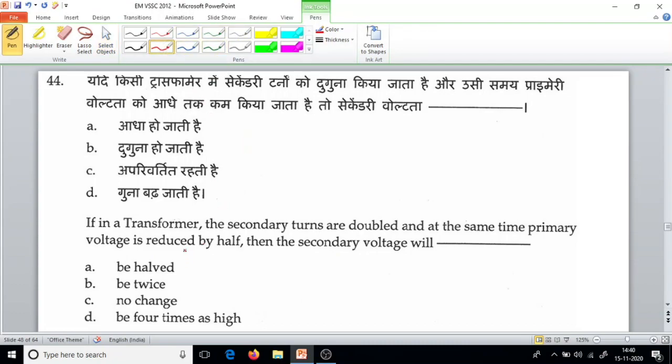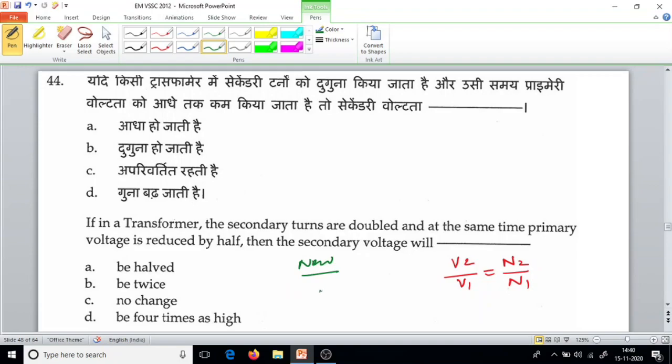Question number 44. In a transformer, the secondary turns are doubled and at the same time the primary voltage is reduced by half. Then the secondary voltage will be. So we will write V2 by V1, it's a relation of a transformer, equal to N2 by N1. What is the new relation?